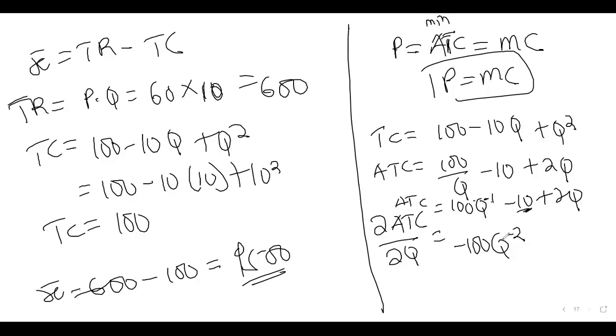Because you subtract 1 from the power again. So you multiply negative 1 by 100, you subtract 1 from the power. This constant will vanish, and then plus 2 is equal to 0. When you differentiate this function, you get this, plus 2 is equal to 0.